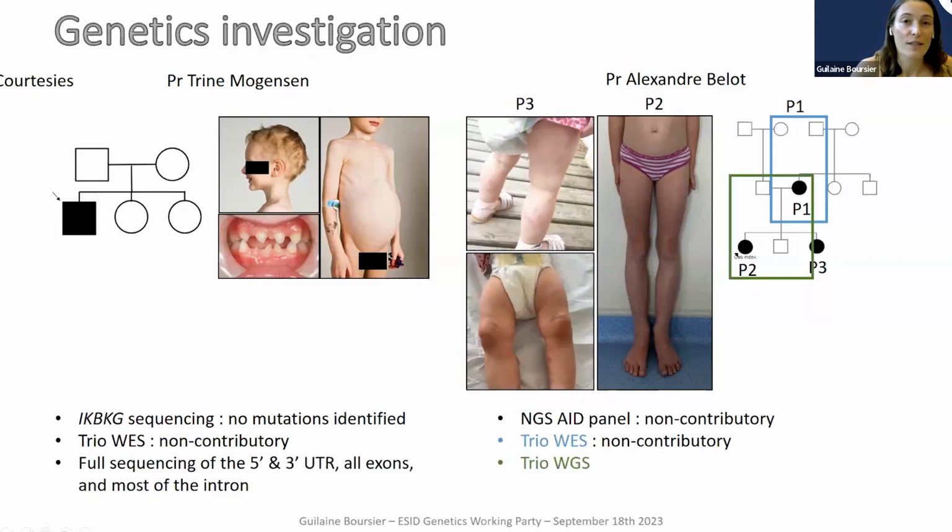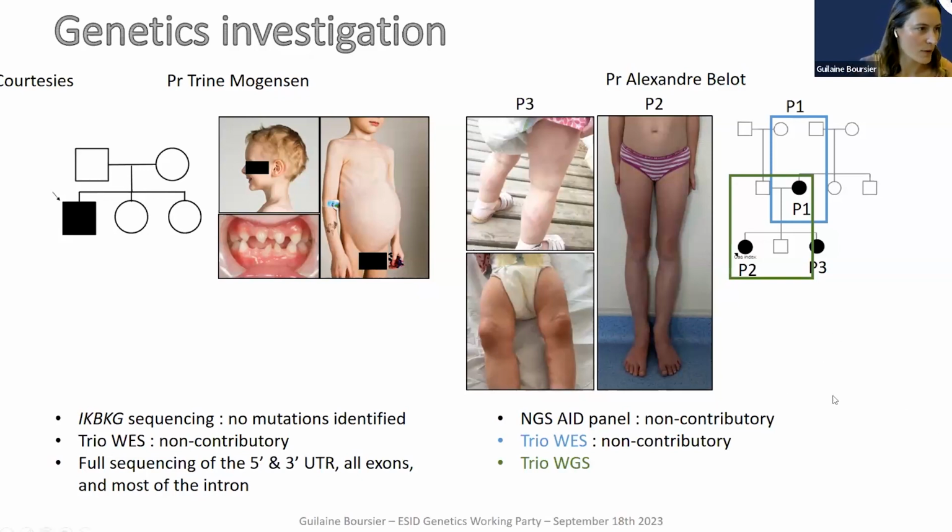Finally, the genetic result was provided by full sequencing of the EKBKG gene in the first family, and by a trio whole genome sequencing in the second family.